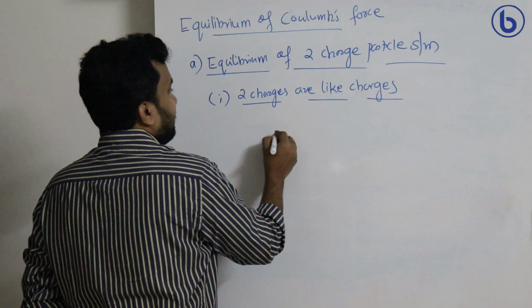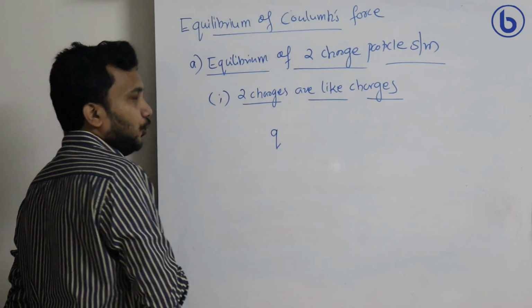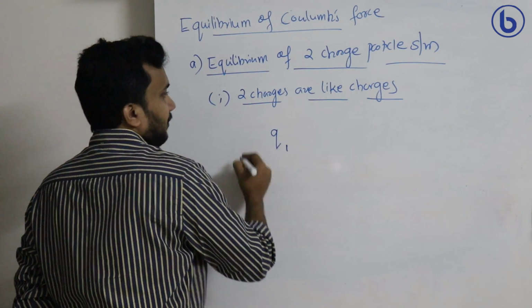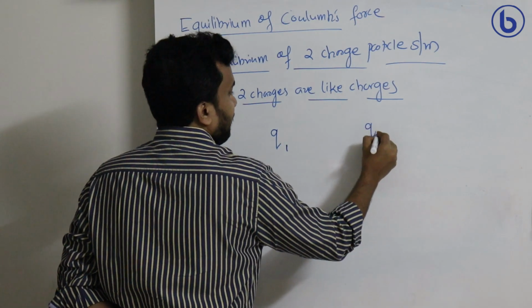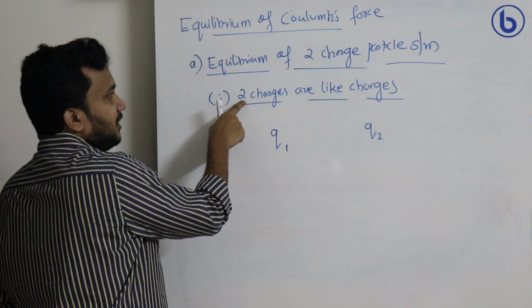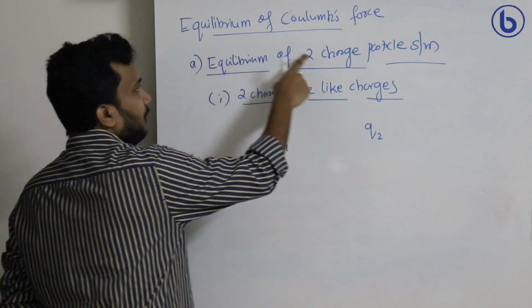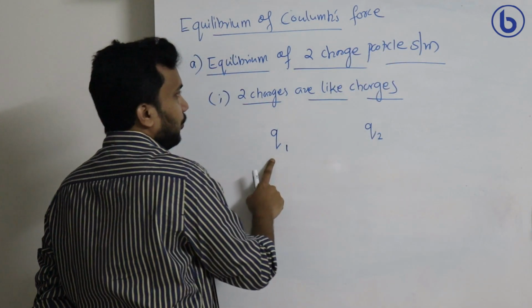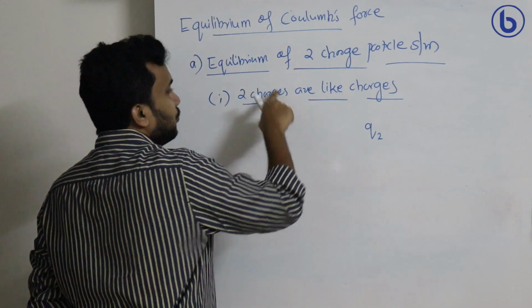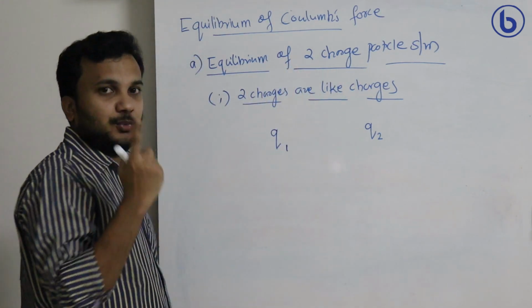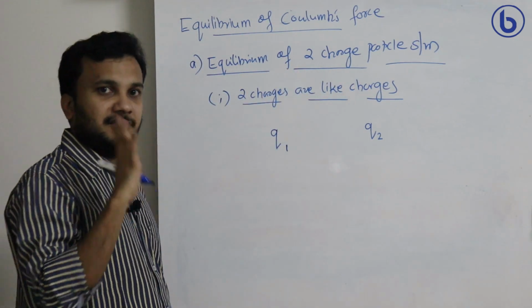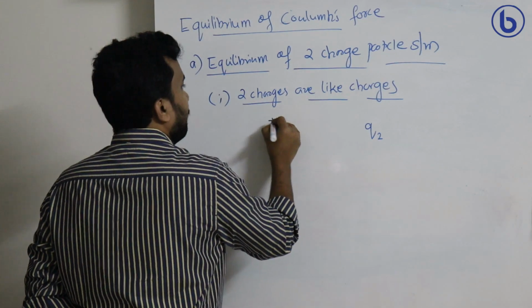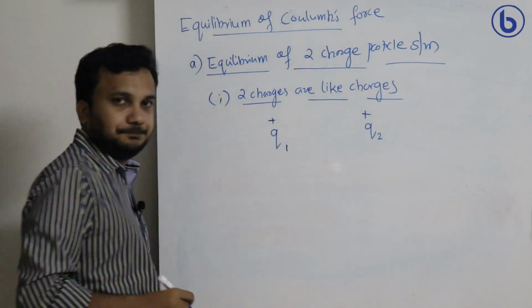I have one charge, say Q1, and another charge, say Q2. You can see my heading, equilibrium of two charged particle system. So two charged particles Q1 and Q2, and these two charges are like charges, either both positive or both negative. I am considering both to be positive in nature.